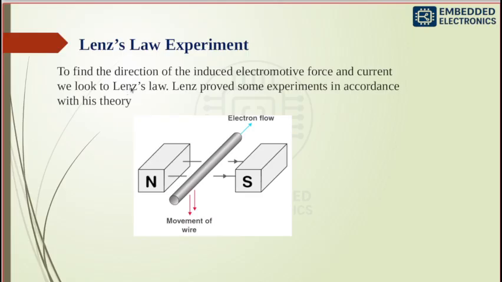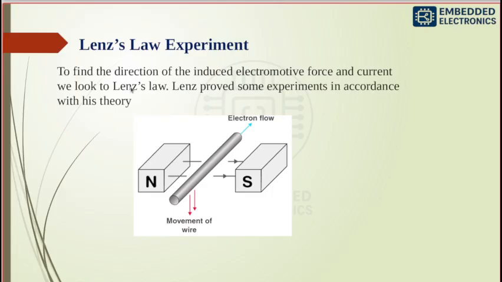It depends on the principle of conservation of energy and Newton's third law. Newton's third law we know, right? It states that for every action there is an equal and opposite reaction. So it is the most convenient method to determine the direction of induced current.